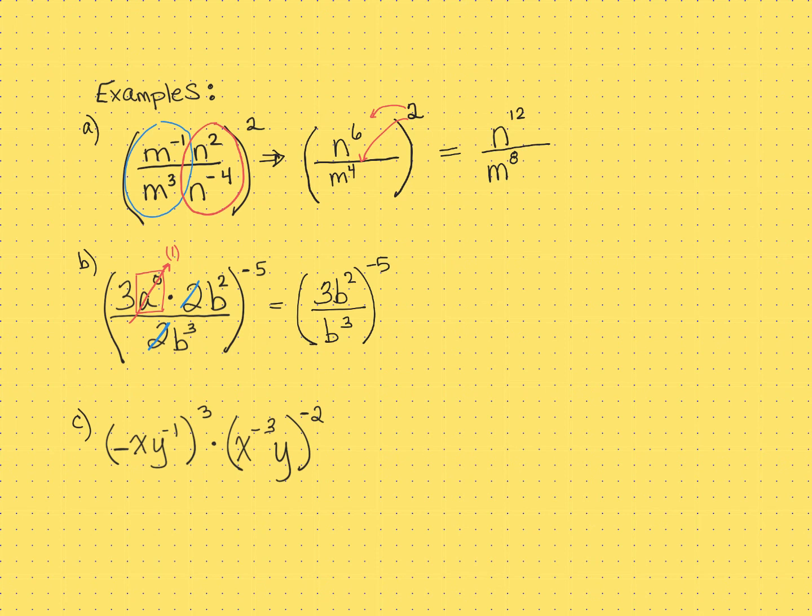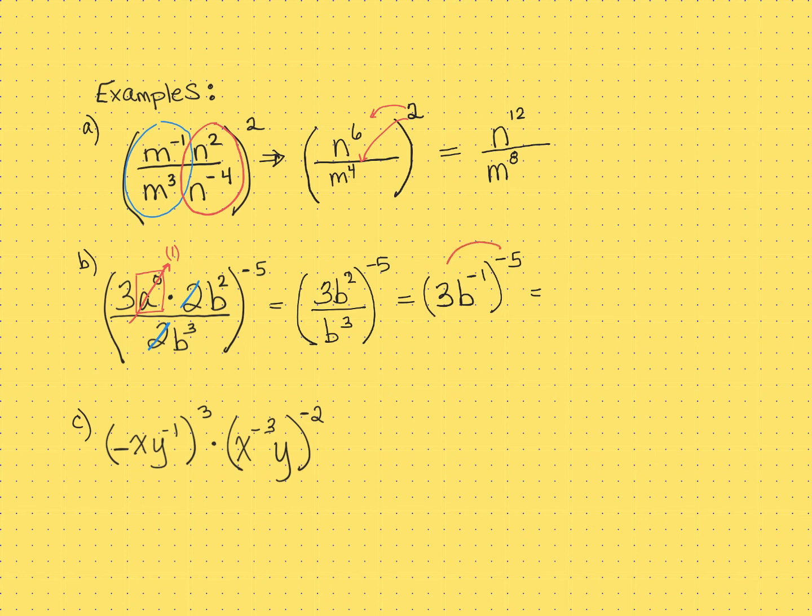So again, I have options here. If I want to, I can move this negative 5 in to each one, or let's continue simplifying the inside here. This would be 3b, 2 minus 3, because that's the quotient rule, would be negative 1. And we're going to raise that to the negative 5th.